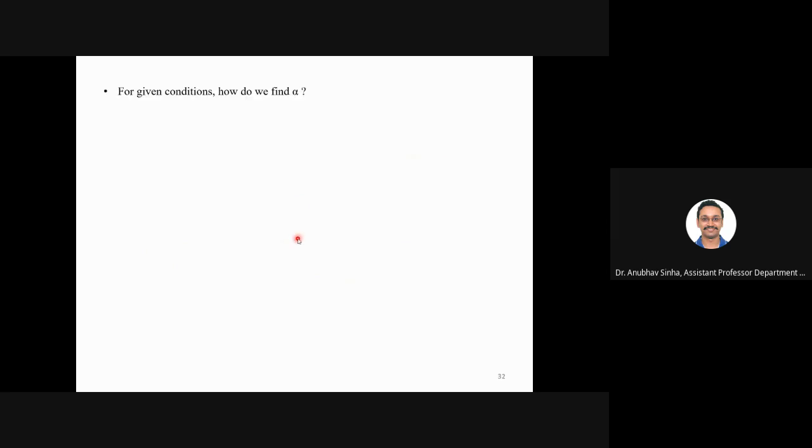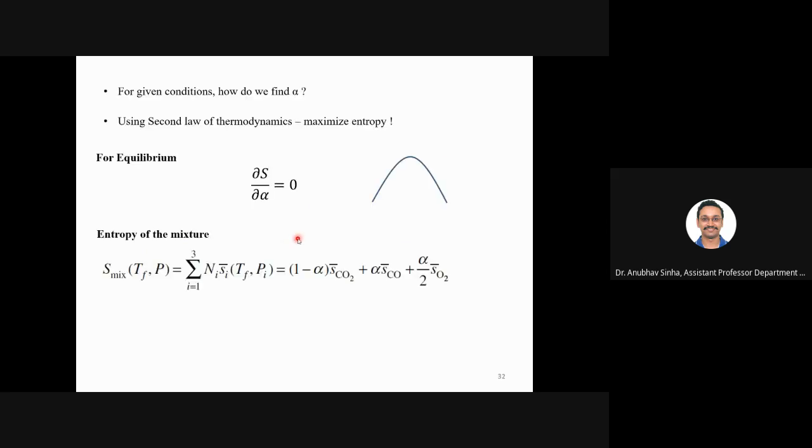Just remember this. When we calculate entropy, I take (1 minus alpha) times the entropy of CO2, alpha times the entropy of CO, and alpha by 2 for oxygen. This will give you the entropy of the mixture, and then we'll see how to maximize it to get this point.